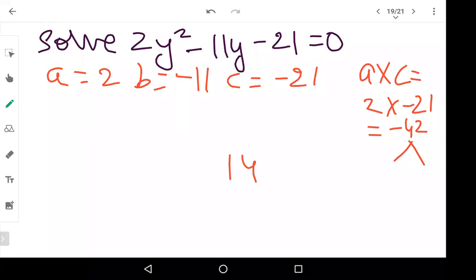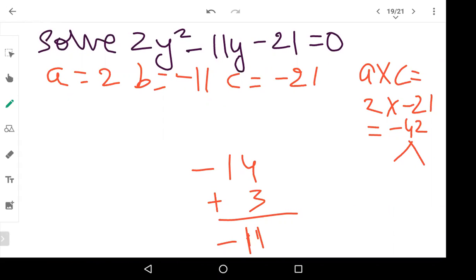So 14 and 3. Now how much should I get? I'm supposed to get minus 11. Okay. So what should be the sign so that I get minus 11? I shall take minus 14 plus 3. Yes, I will get minus 11.